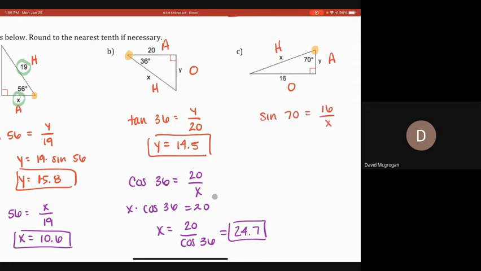It's sine of 70 equals your opposite, which is 16, over your hypotenuse, which is x. And then how'd you go about solving this one? X is on the bottom. Yep, good. So this one we got to turn into division: 16 divided by sine of 70.